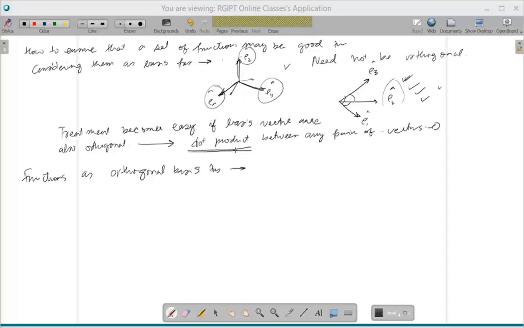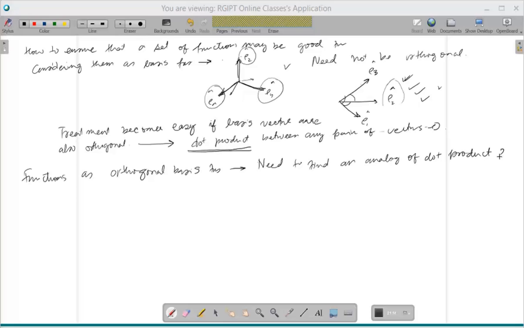What is the analog of dot product for functions? You need to find an analog of dot product in the context of functions. What kind of quantity would you choose which would be analogous to dot product?